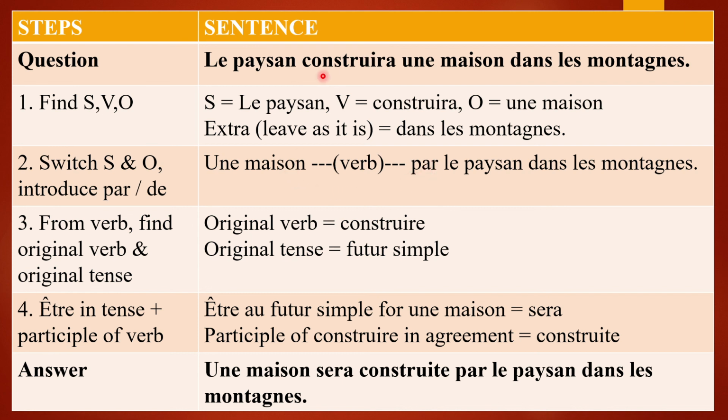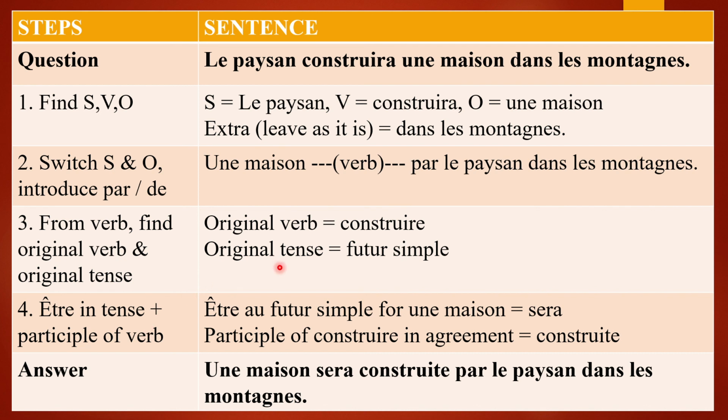From the verb given, that is construira, you'll have to find out the original verb and the original tense. The original verb is construire. From the way it looks itself, you can make out that it is in the simple future tense. Then once you've defined the original verb and the original tense, you have to take être in the tense followed by the participle of the verb.